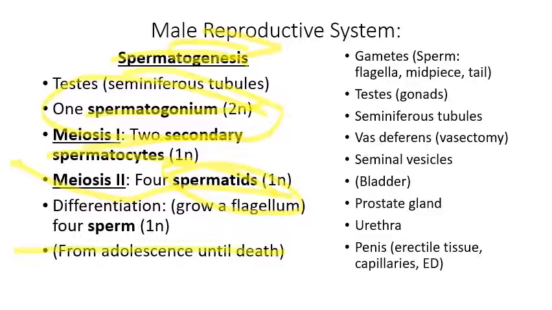Women go through a phase called menopause, which is the period where their brain stops making hormones that tell their ovaries to allow the eggs to mature. So men continue producing spermatozoa beginning in adolescence and continuing throughout their whole life, whereas women begin to produce eggs in adolescence and generally stop somewhere around age 50, approximately.